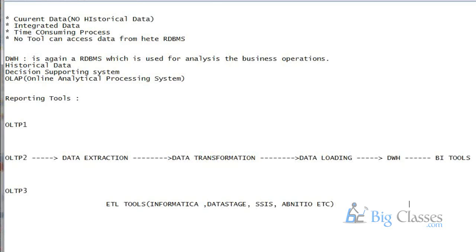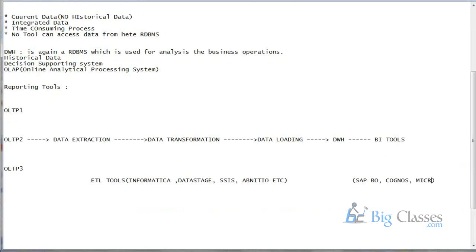In the same way, we have many BI tools in the market, like the very popular Cognos, SAP BO, Business Objects, and MicroStrategy, etc. SAP BO is from SAP, Cognos is from IBM, and MicroStrategy is from MicroStrategy Corporation.